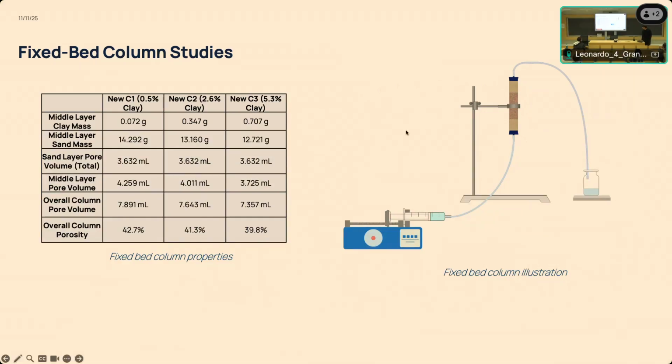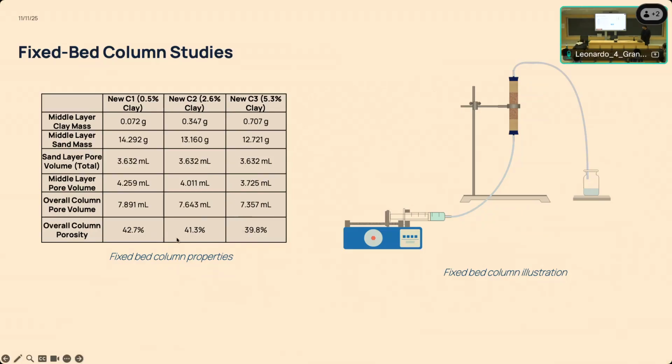And we did this in three separate columns where we added sand with different ratios of our engineered clay. We ended up having three separate columns, each with a different percentage of the engineered clay added to the central layer. And we used the water saturation experiment to calculate the pore volume and the porosity.